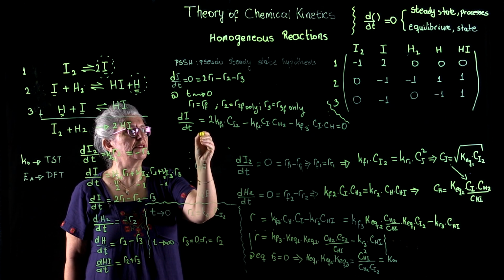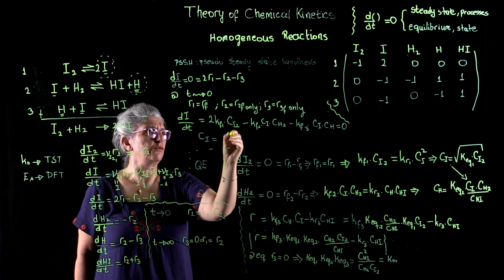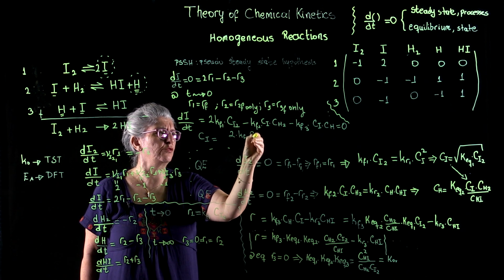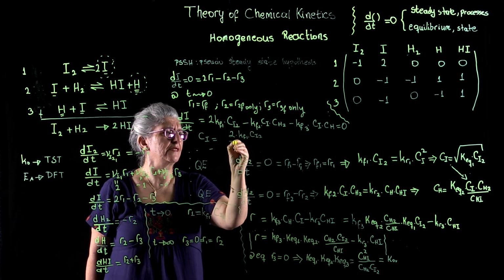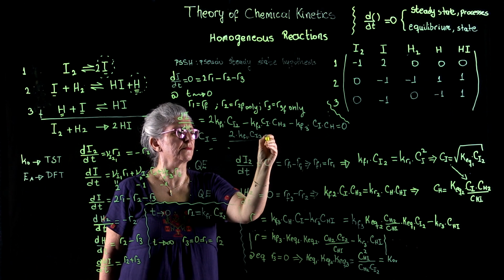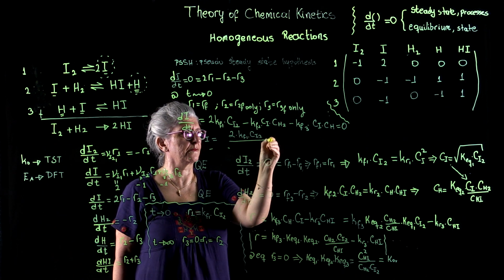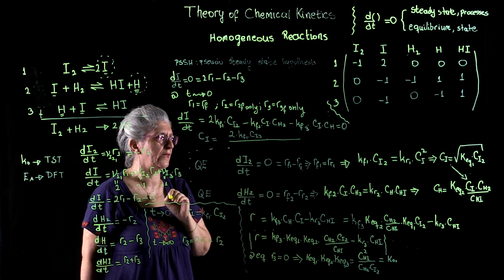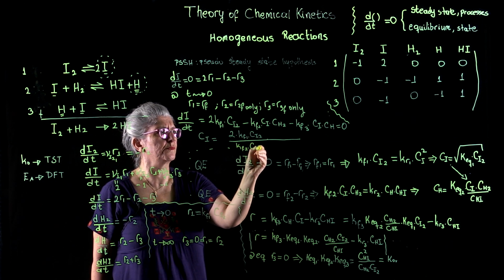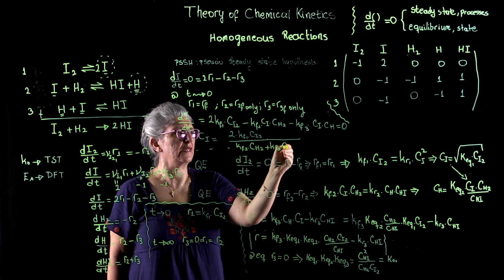So we are going to derive CI to be equal to 2 times k forward 1 times CI2 divided by k forward 2 times CH2 plus k forward 3 times CH.